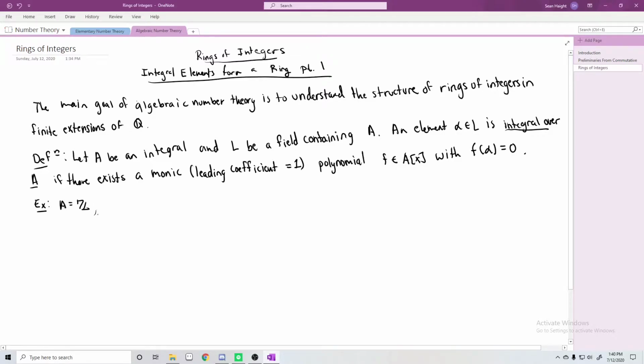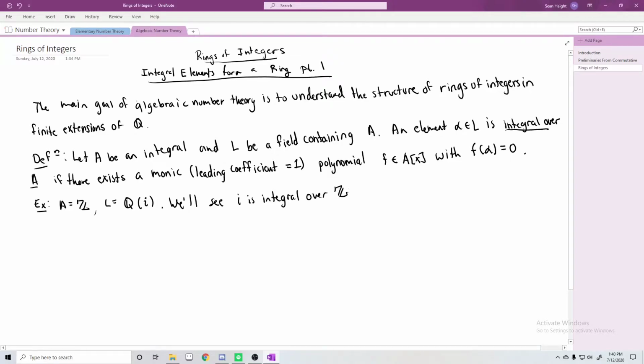I'm going to let A be Z, and I'm going to let L be, let's say, Q adjoin i. It turns out, we'll see, that i is integral over Z, or just integral.